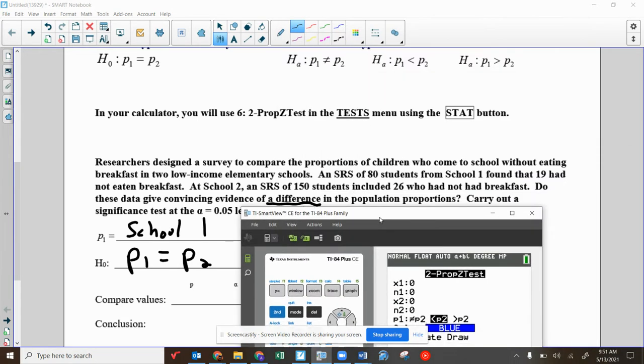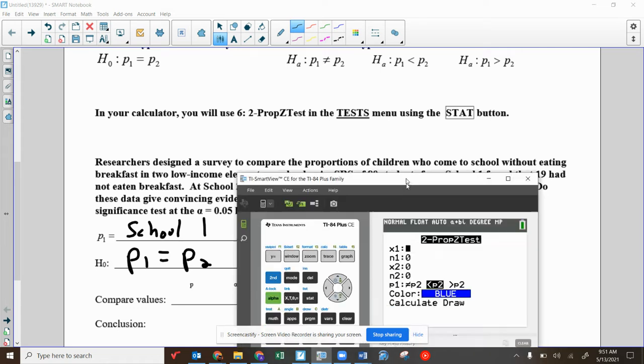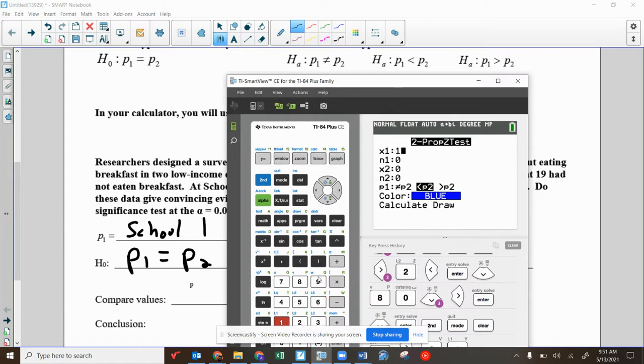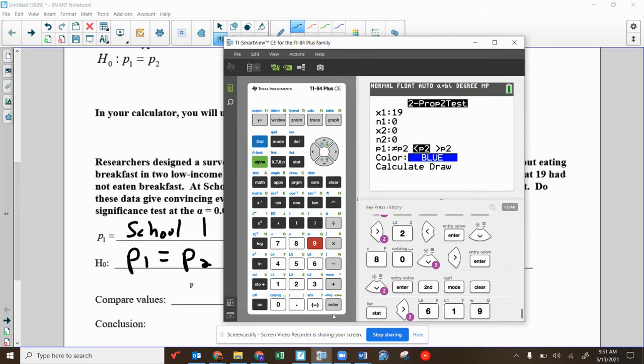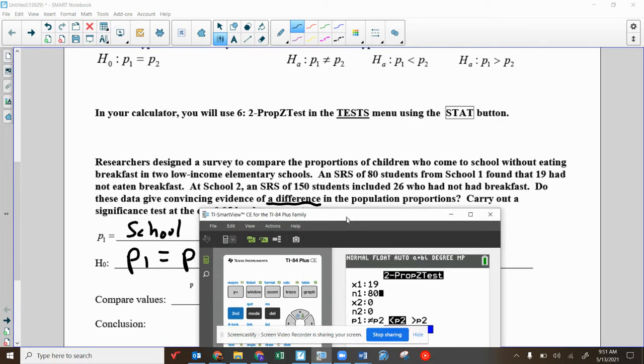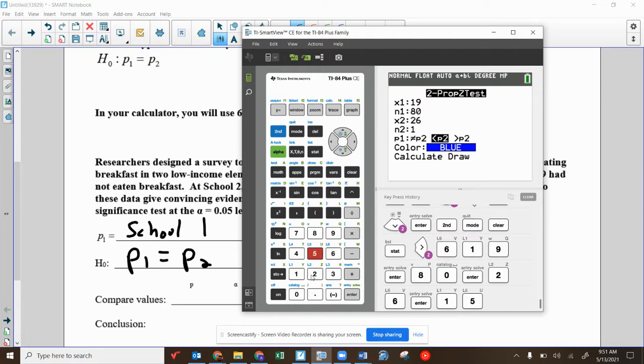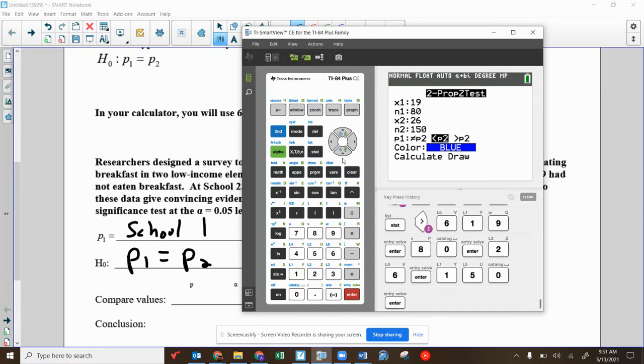All right, so in my first sample, there was 19 out of 80. And in my second one, there was 26 out of 150. I am trying to determine if there is a difference, so not equal to on that.